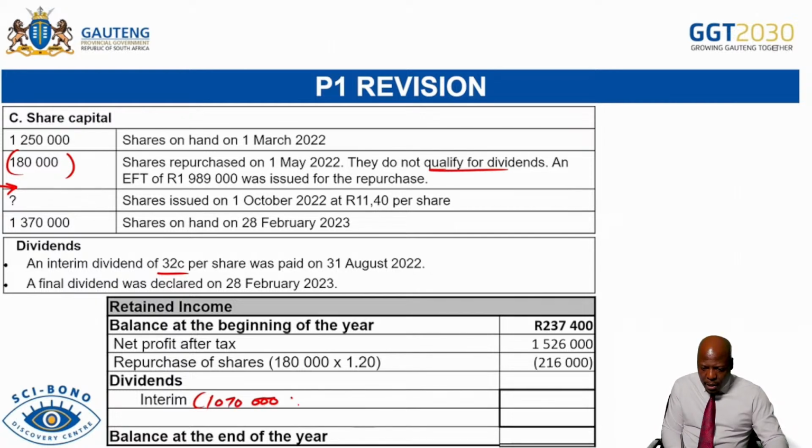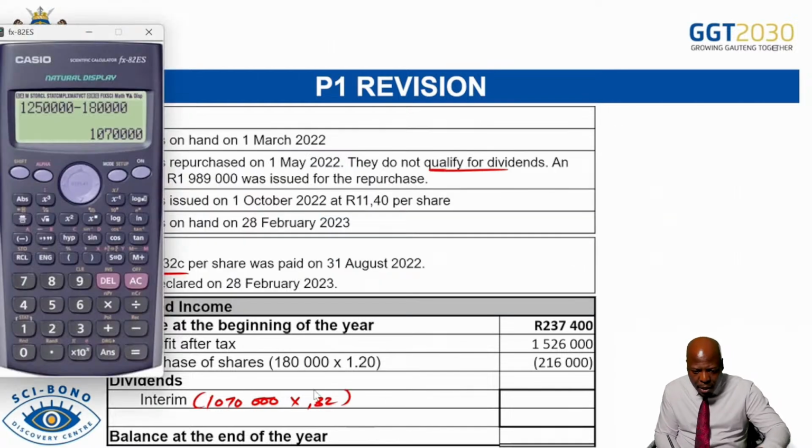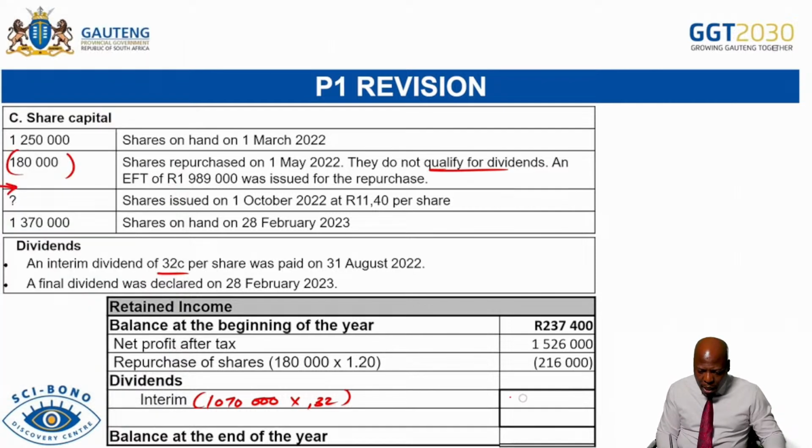So when I come to give my interim dividend, I'm giving it to the 1,070,000. And that interim dividend is 32 cents. So I'm coming here to say 1,070,000 multiplied by 32 cents. In brackets, I'm now going to have my interim dividend, which is 342,400. And then I'm now going to have my final dividend.